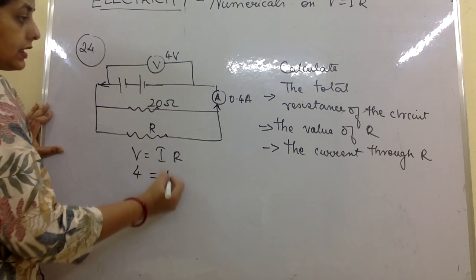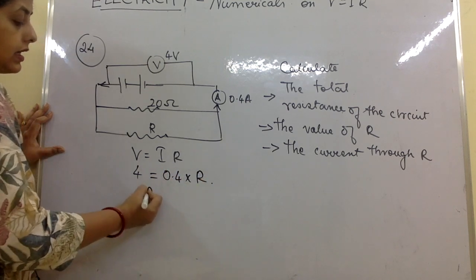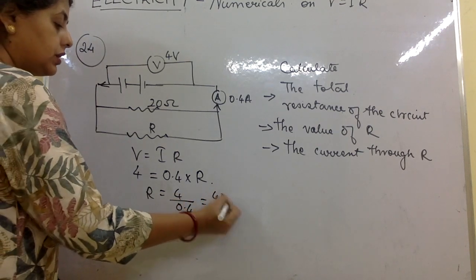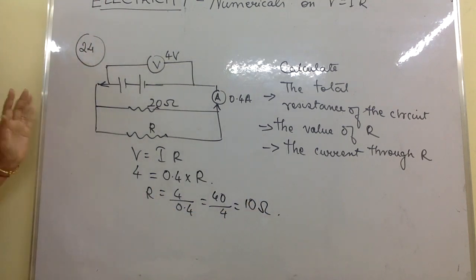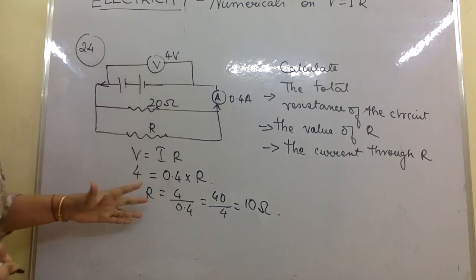So I is 0.4 and R is 4 by 0.4, which is 40 by 4, which is 10 ohms. So the equivalent resistance of the circuit is 10 ohms.